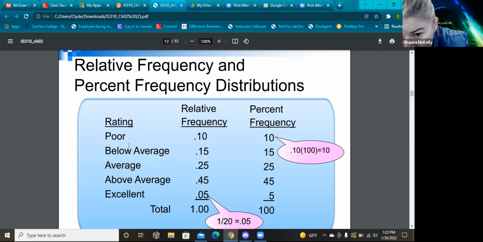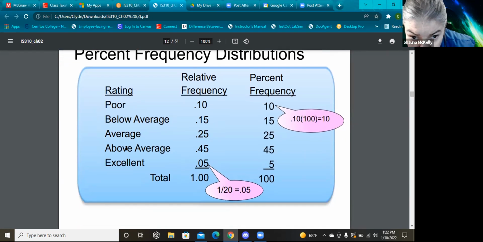So here they give you the, now, because it doesn't have the original amounts, this would be more explanatory if, so like for poor, you have 2 as the count. You had 2 observations out of 20.